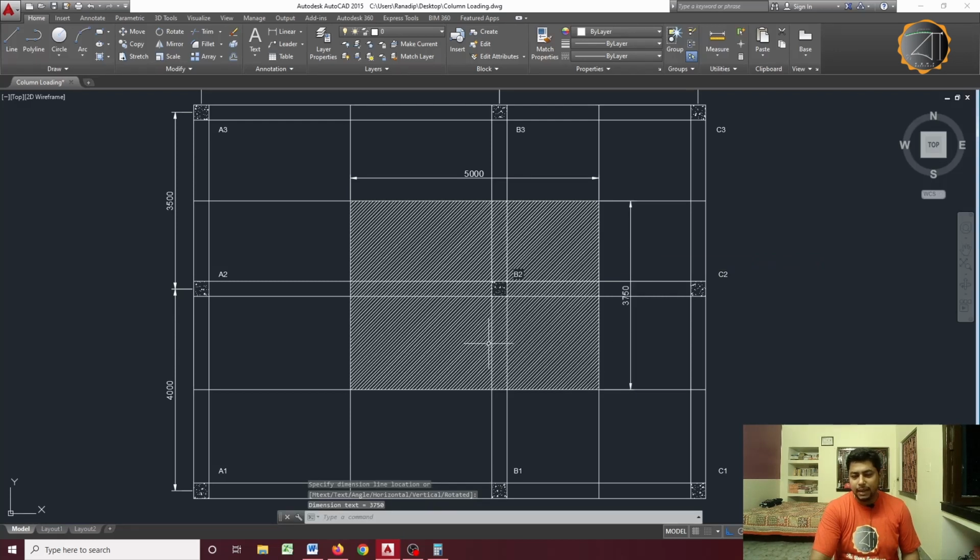So beam web length will be 5 meter. So this length will be fully covered, and plus 3.75 meter minus this portion of the width of the beam, which we have already taken from this side. Okay. So it will be 5 meter plus 3.75 meter minus 0.3, that is the width of the beam rib.